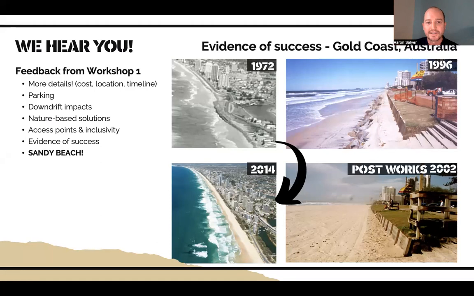As you can see on the right, there's some evidence of one of the successful projects on the Gold Coast, and you can see back in 1972 and 1996 how similar it was to the conditions at Oceanside, and into the future how different the future has become.